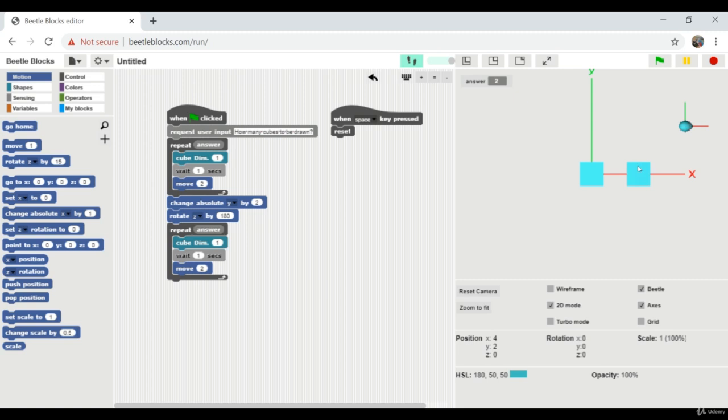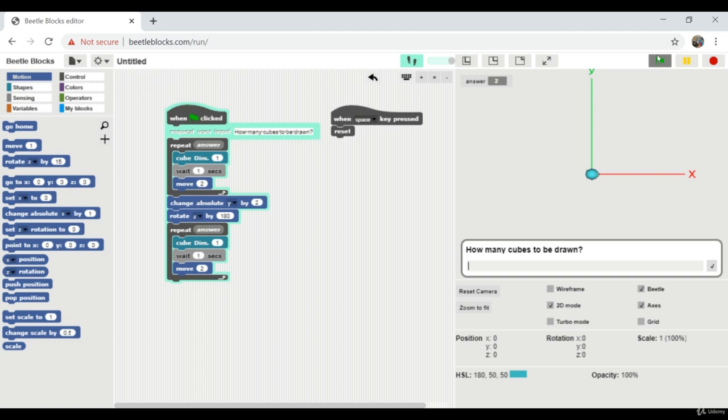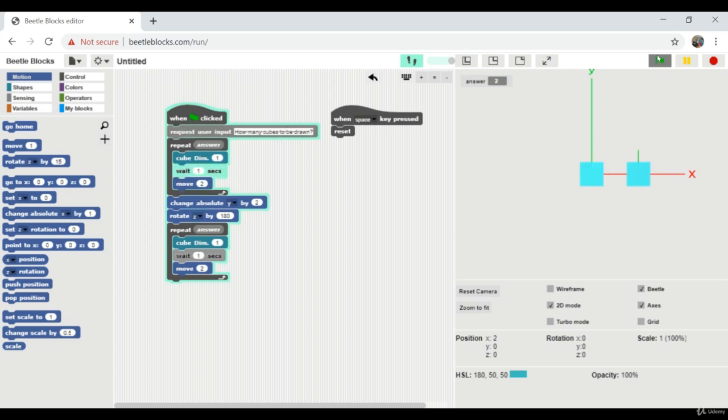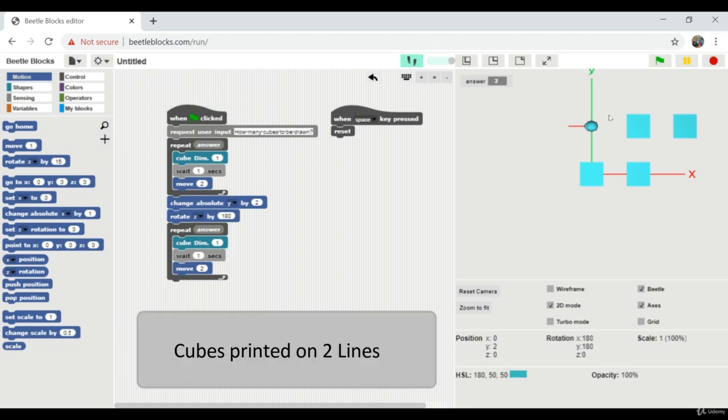Now the beetle will print the cubes on two lines at a different position of the y-axis. So let's now run it again. You can see the beetle has printed these cubes on two lines.